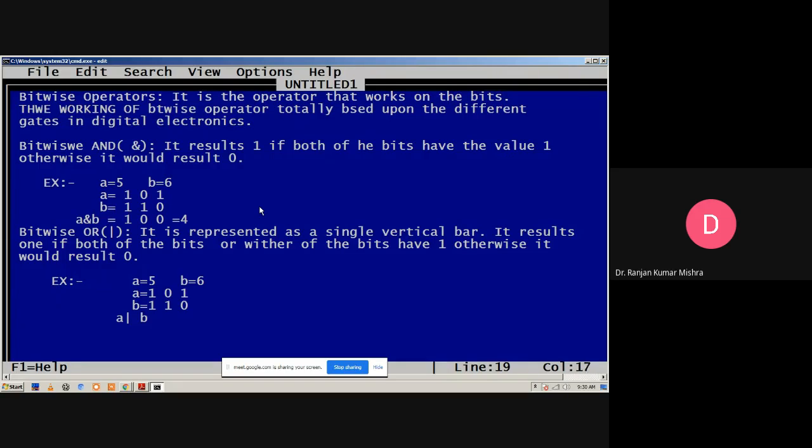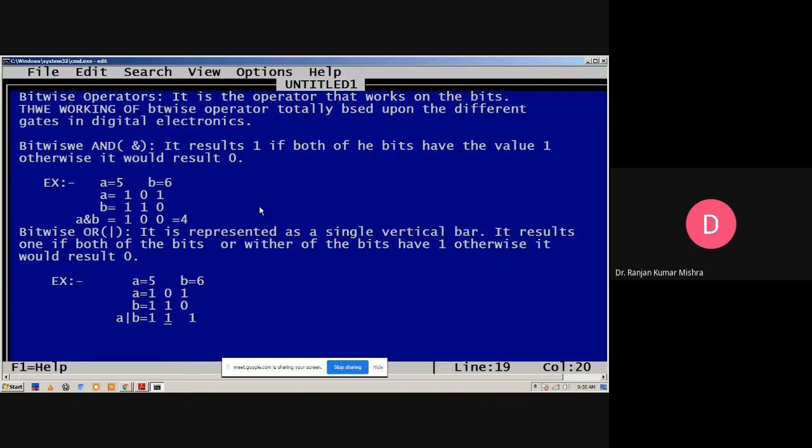Now what will be the output from here? For 1 and 0, either of the bits has the value 1, that means the first is 1 and the second is 0, so the output will be 1. For the second, either of the bits equal to 1, the output will be 1, and where both of the bits are 1, the output will be 1.